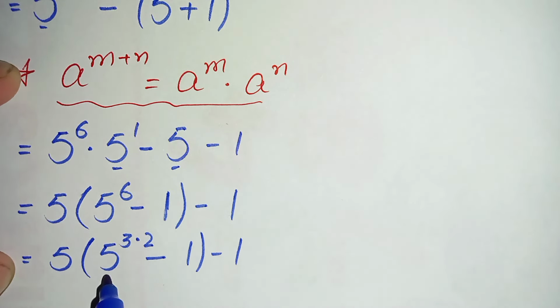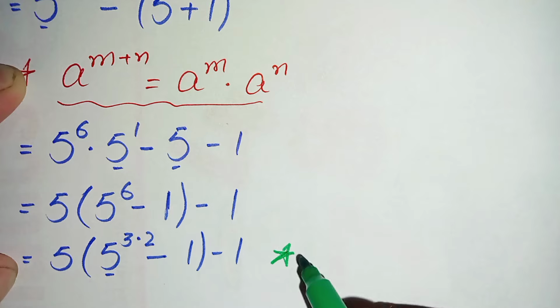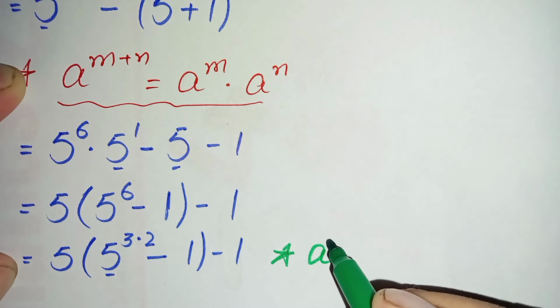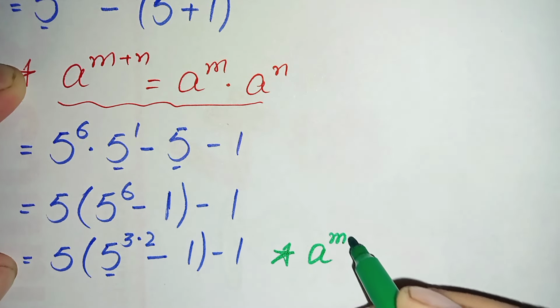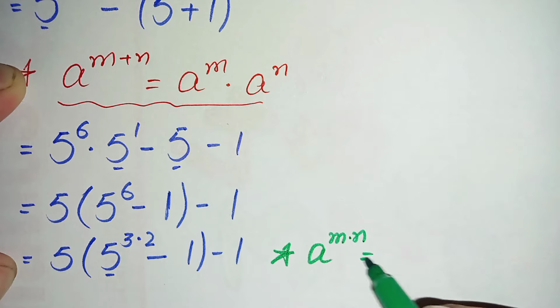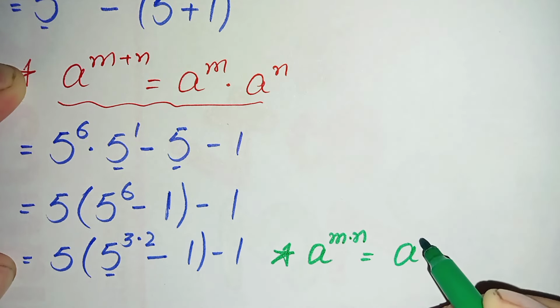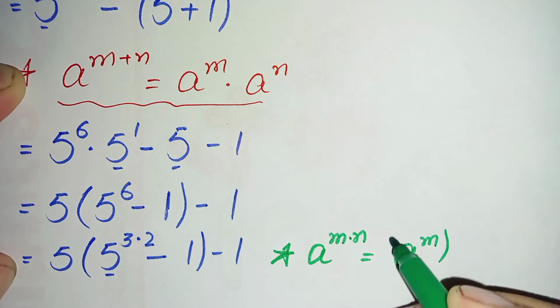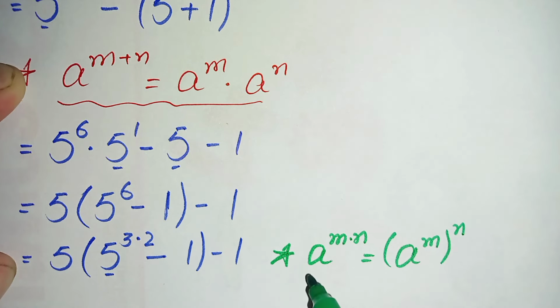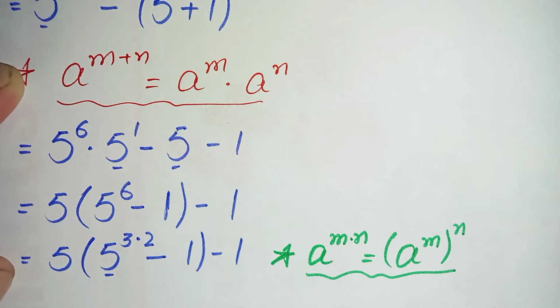Now again in this one term we will use an exponential math property: a raised to power m times n can also be written as a raised to power m whole raised to power n.